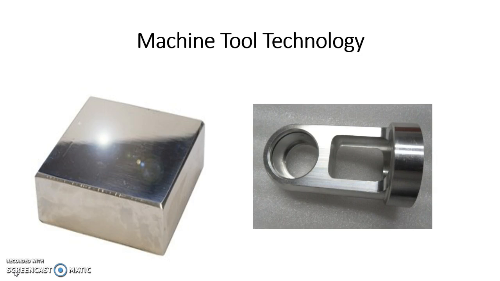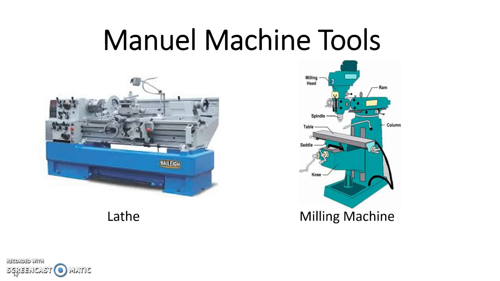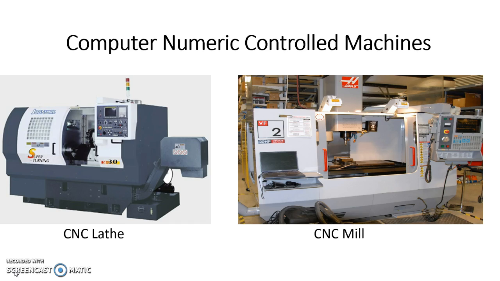I will be using different tools to accomplish what I'm doing. The main tools that I will be using are machine tools. Machine tools are lathes and mills, and their cousins, the computer controlled lathe and mills.